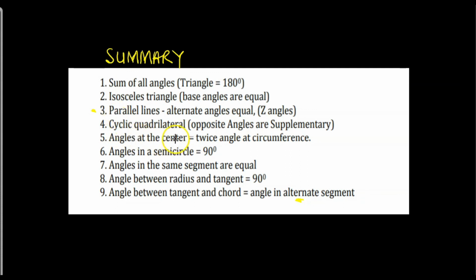Then the angle at the center is twice the angle at the circumference, and this is why we call it the arrow theorem. And then angles in a semicircle equal 90 degrees, and that is the semicircle theorem.